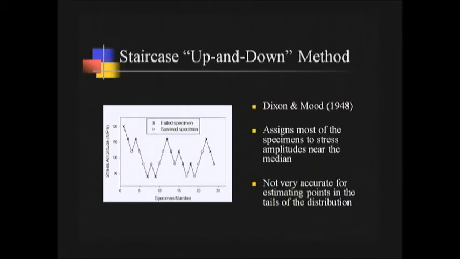That's your job. And so what we do in the staircase method is we start off choosing some stress amplitude which is not high enough to cause immediate failure of the restoration. And we have the mechanical load frame do a simulated chewing or cycling at this level.